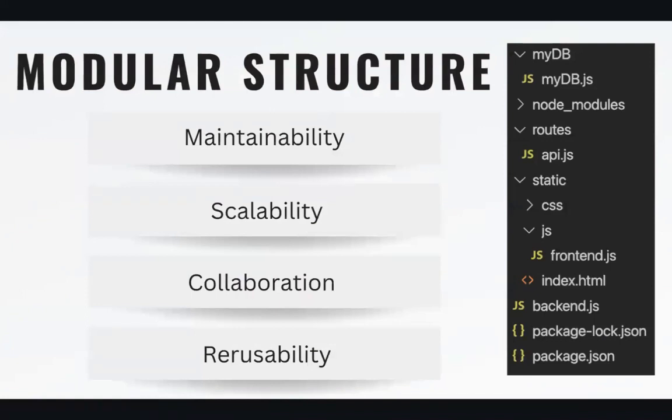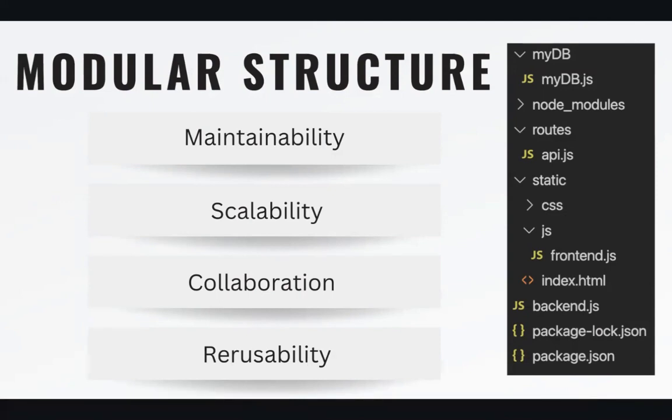When developing our application, the best practice is to separate our files into different modules. It is important to keep in mind because modularizing our code provides several advantages. First is maintainability. Since changes in one module don't affect others, it helps reduce the risk of bugs.